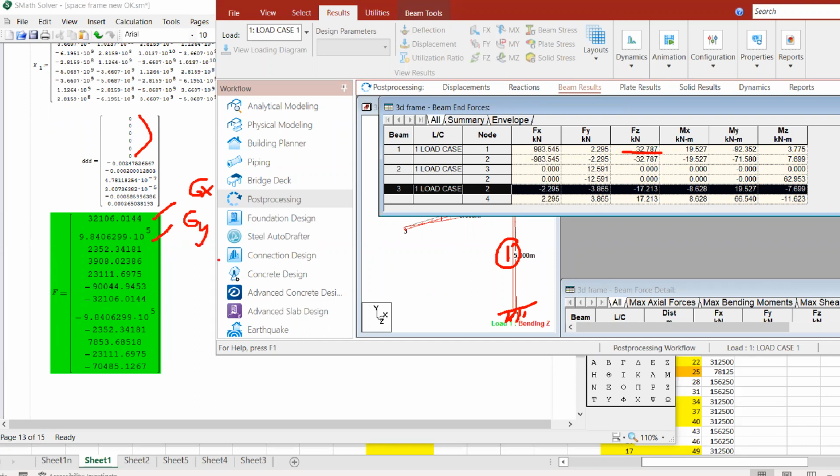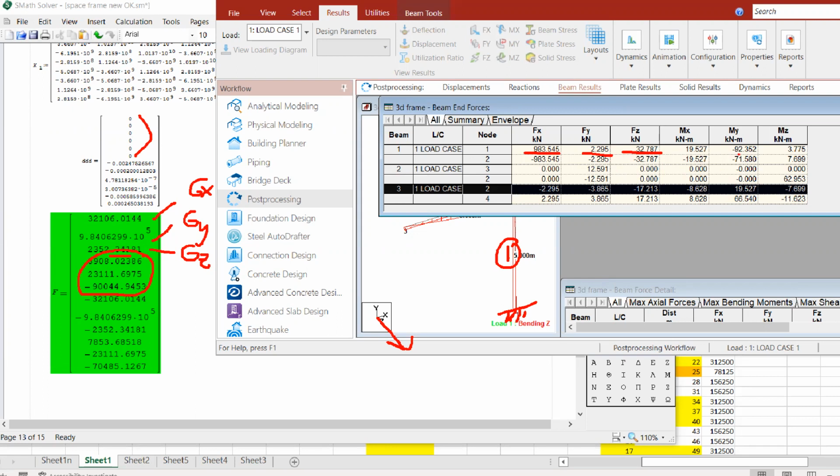So that will be Fx for member 1. So 983, as compared to SMAT, it got 984. And finally, this is parallel to the global Z, which is Fy in SMAT, in STAAD, 2.3. 2.3, yeah, the same. And the rest are all moments.